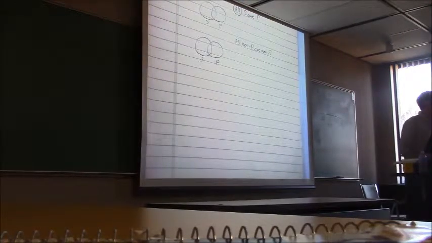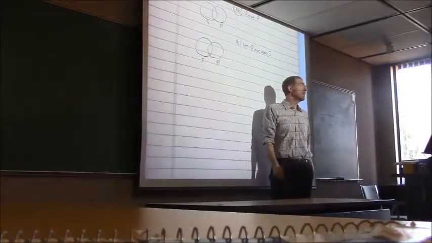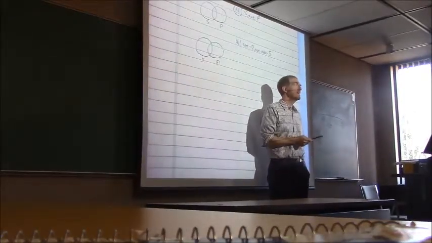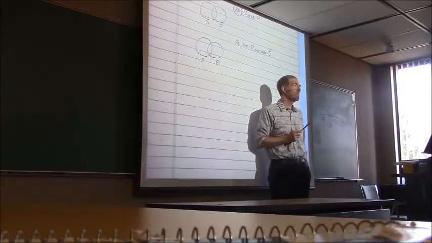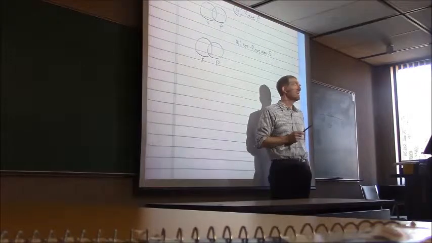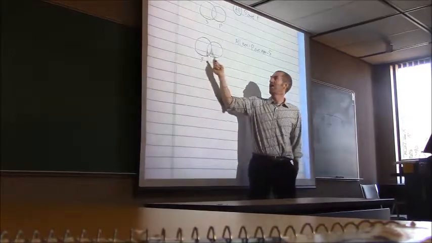What does shading represent? There's nothing there, and you shade. How much do I shade? Do I shade an entire circle? No. I do not shade an entire circle. If I shade an entire circle, I screwed up. I shade one of the elements.